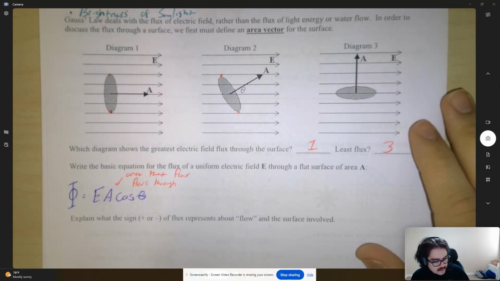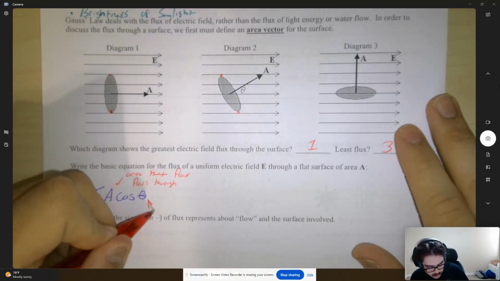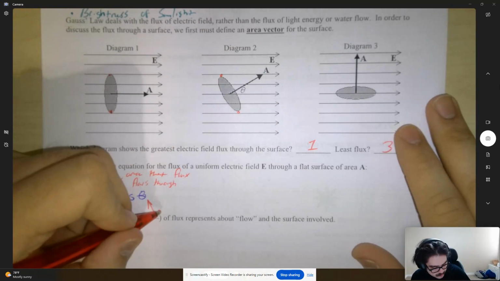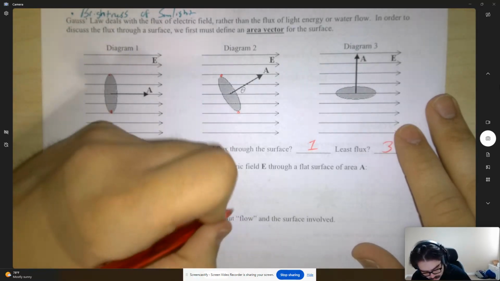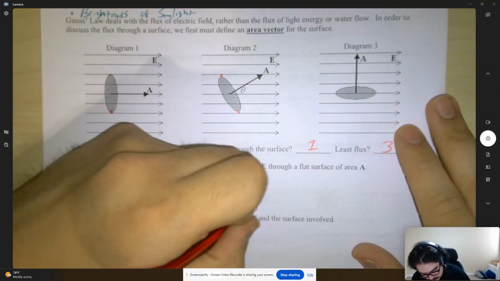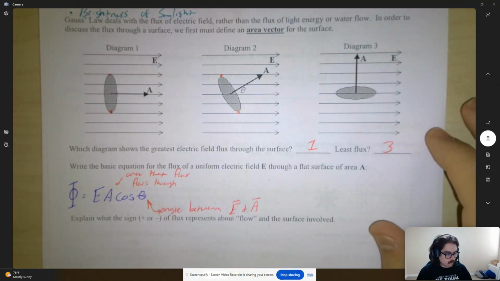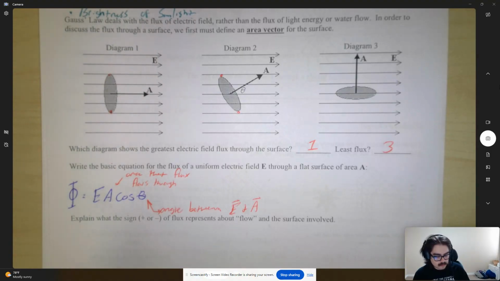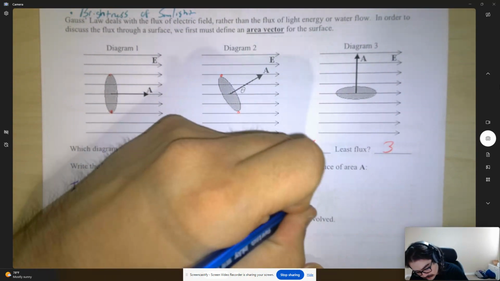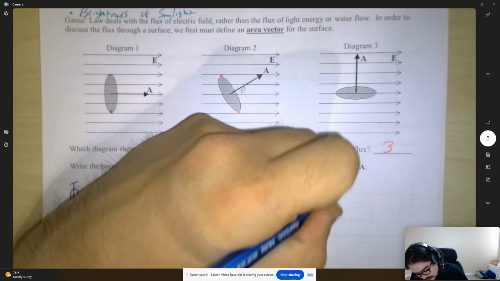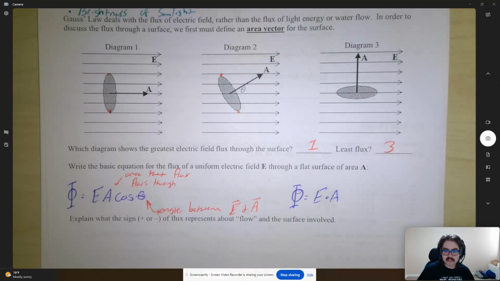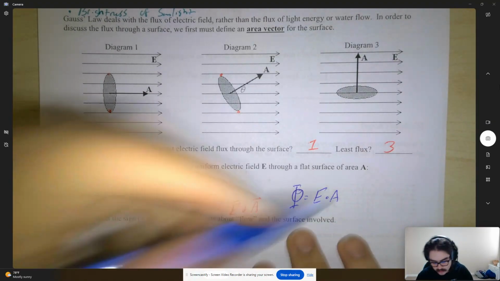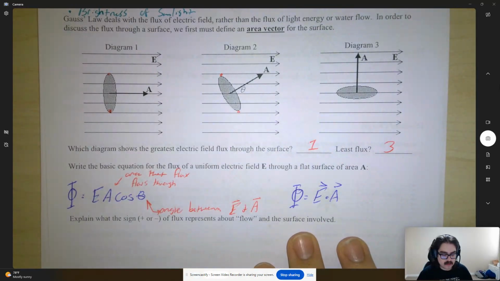And theta is the angle between the E field vector and the A area vector. In general, the short form of this equation is expressed as a dot product, E dot A. That's the short form when it's expressed as a dot product of two vectors, because these are both vectors, right? So E field and the area vector.